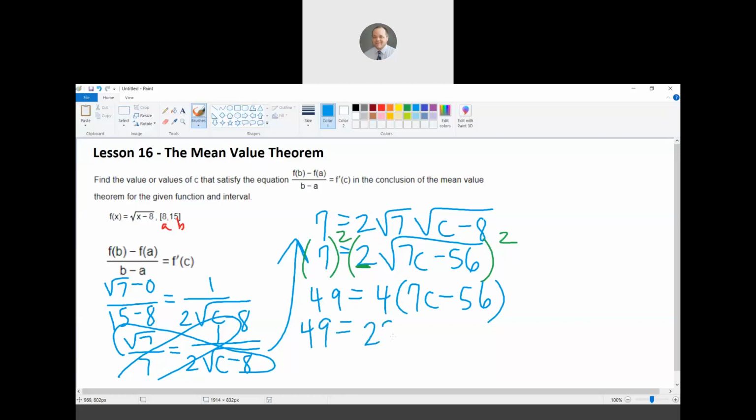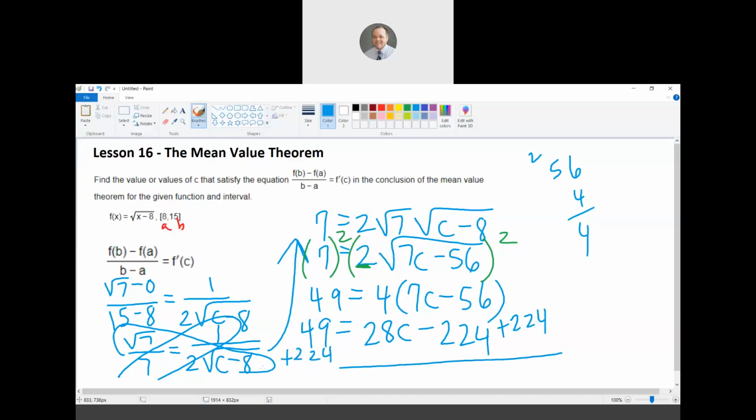And that gives us 28c minus whatever 56 times 4 is. That's minus 224. Now let's add 224 to both sides and see what we come up with.